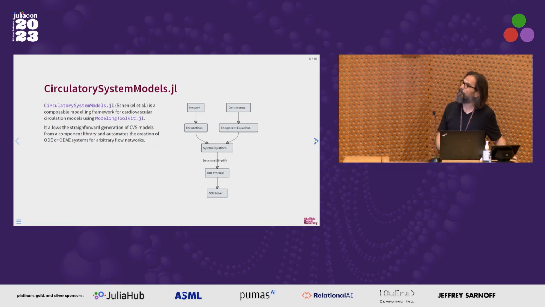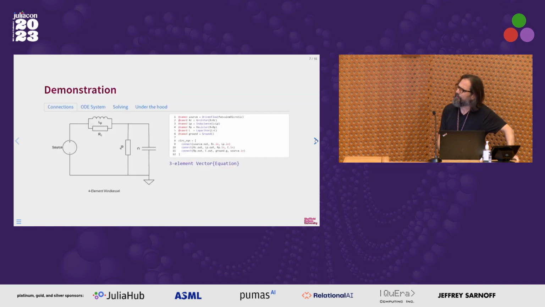And that is a differential equation that is defined in the component equations, and these are all combined, and then we have a huge system of differential equations, some 140 equations for this system. And then we simplify that, and that's where the magic happens. I have no idea how. Structural simplify takes that and makes 6 out of it, or 8, I think, in this problem. And then it's just a regular ODE problem.